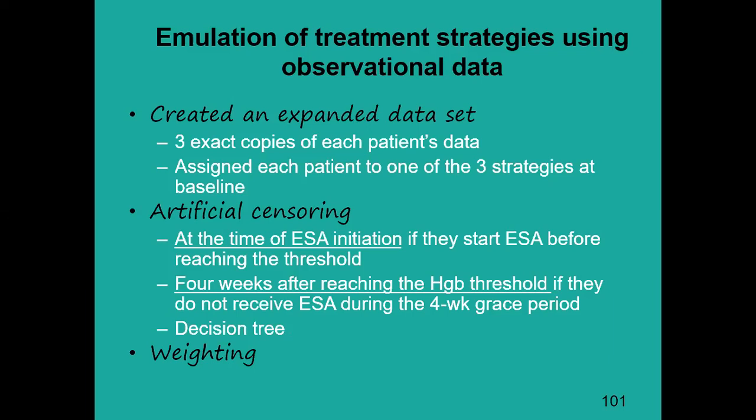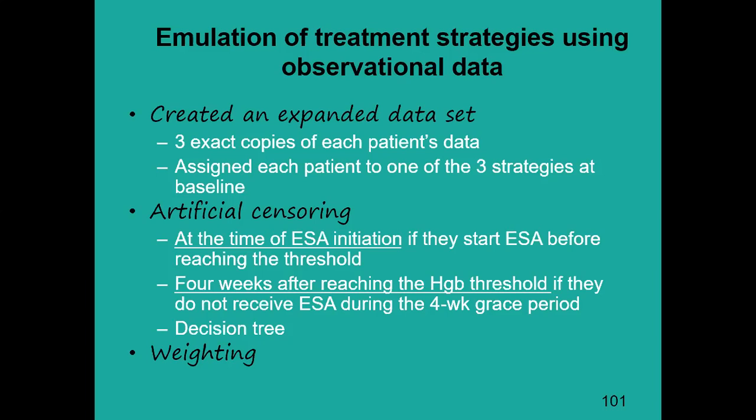We had a very complex decision tree for this case. That's why I did not put it in here. It's complicated and not very easy to envision. But basically, in the decision tree, we show how exactly we emulate those thresholds using the available data, and for different thresholds, there are different scenarios.